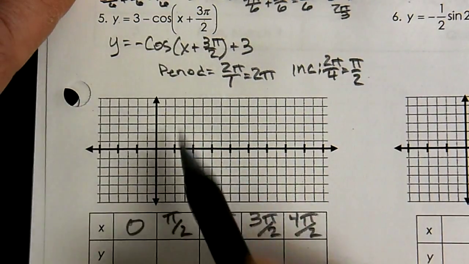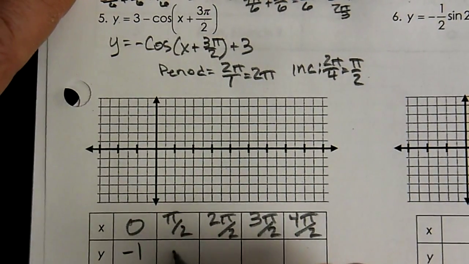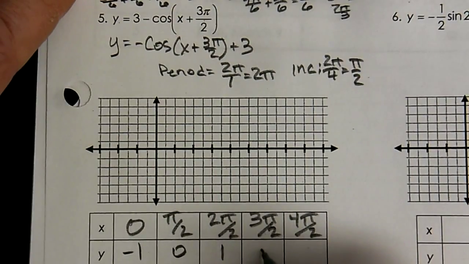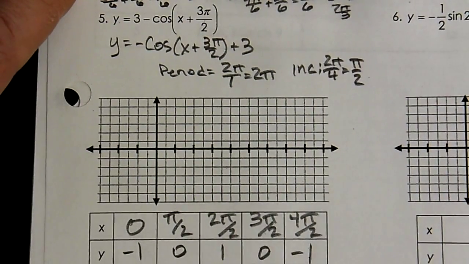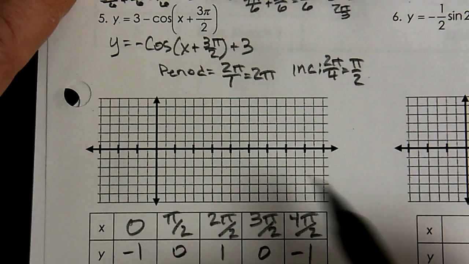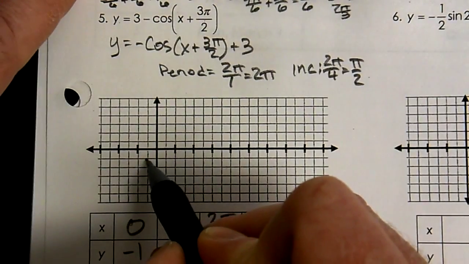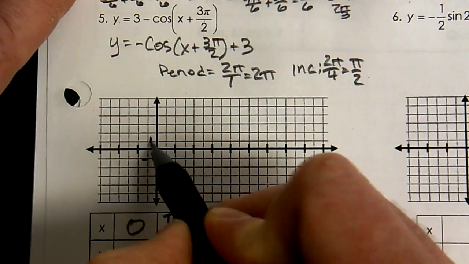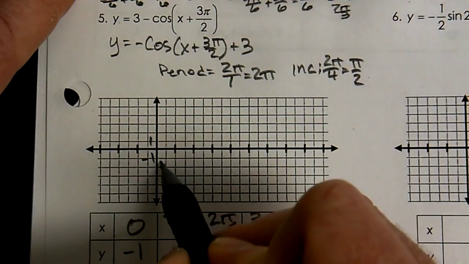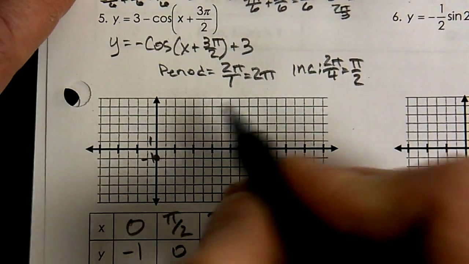Cosine graph. It's going to start at negative 1, 0, 1, 0, and negative 1. So we'll come in here and we'll graph out negative 1 and 1. Starts at negative 1.